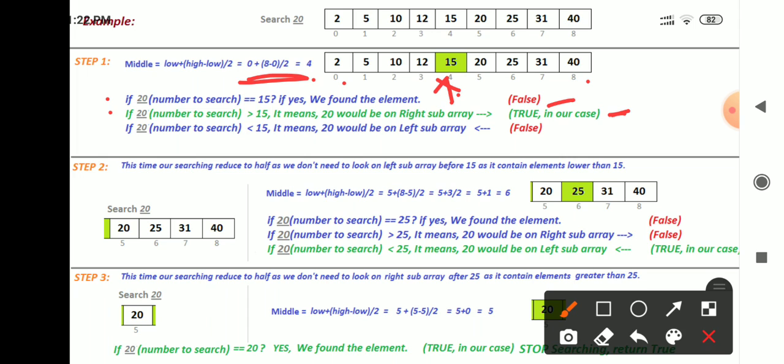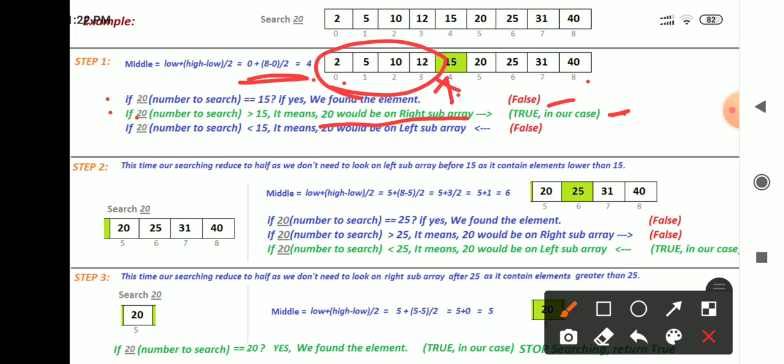Since 20 is greater than the mid value, 20 will be in the right sub array. That condition is true, so of course we skip this whole left part.